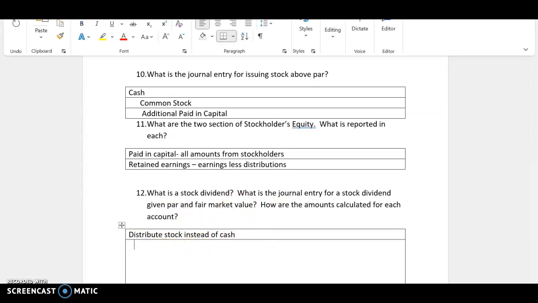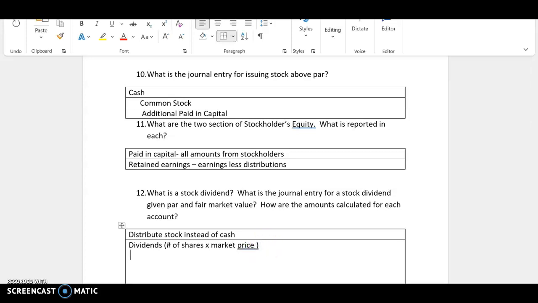So we're going to have dividends, and this is the number of shares given out times the market price.